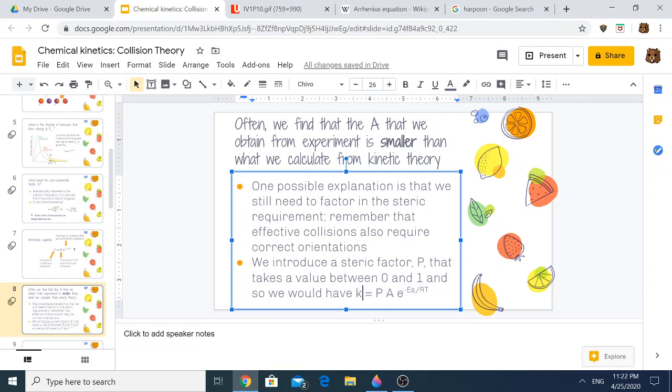So we have the rate constant, which is the product of the steric factor, which takes into account the steric requirement, that the molecules are in the correct orientation; the pre-exponential factor, which is basically the frequency of all collisions; and then there's an exponential factor which takes into account the energetic requirement. So with all these three in place, the equation now looks pretty complete.